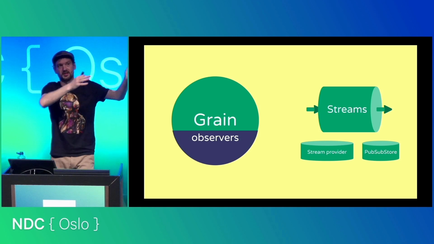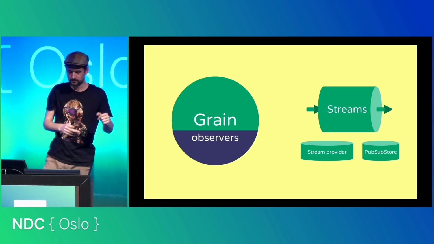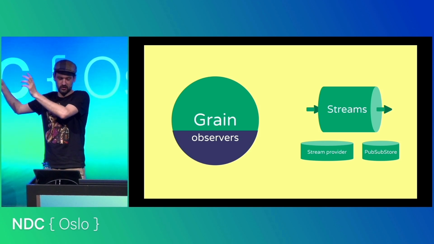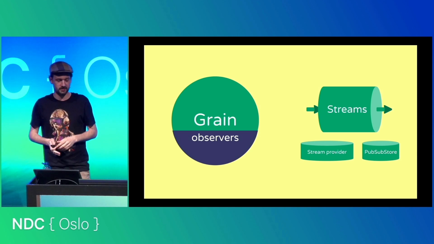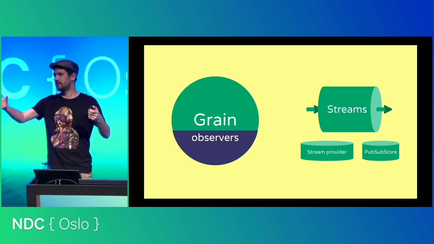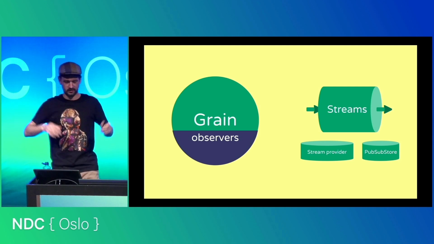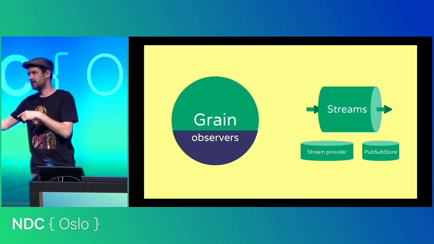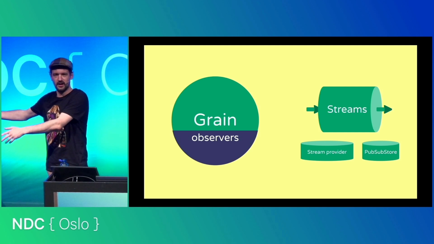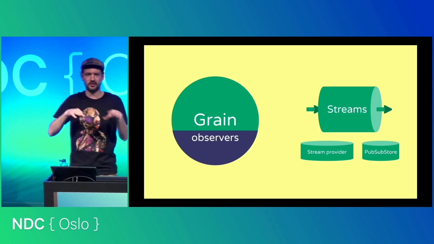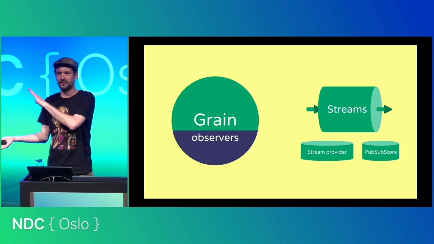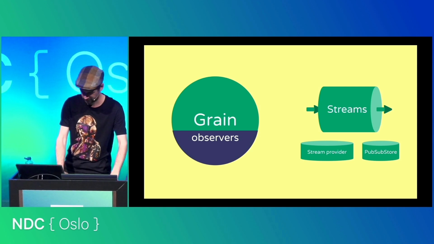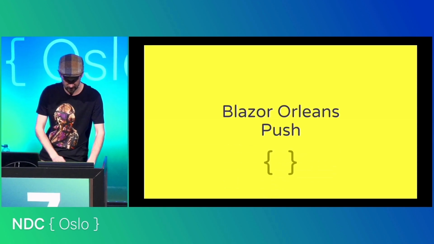We've got grain observers, which are direct invocations back, and streams where we have a stream provider and a pub/sub store. It's a little bit more configuration, but it's more stable, and you don't have to do that check, or I'm still alive. If it sends out a message and that client is not there anymore, it will remove it from the subscribers. So it will still clean up. You don't have to worry that if my server crashes, it will stay subscribed. So that's fine. Cool. So let's see how that looks in code.